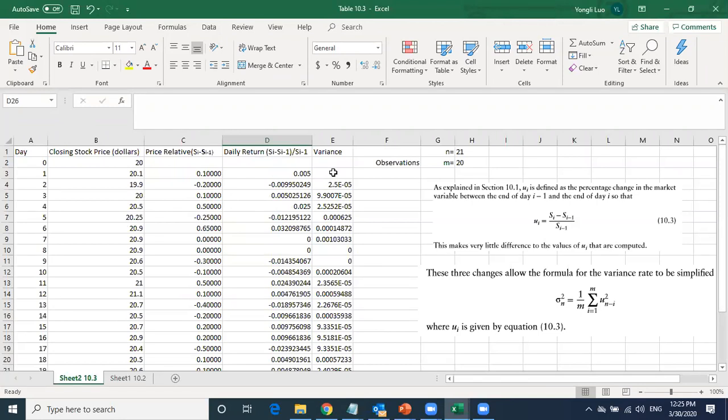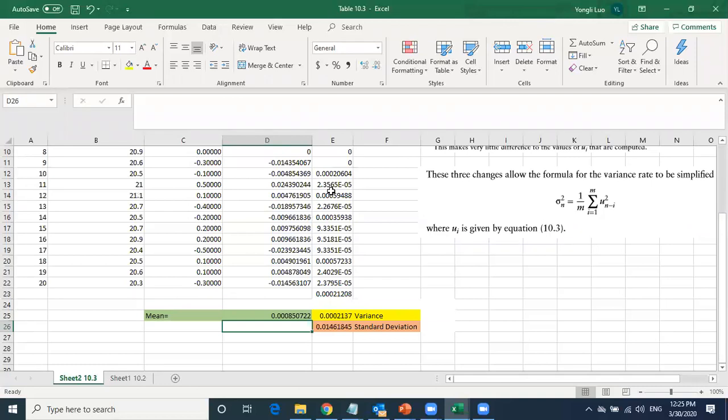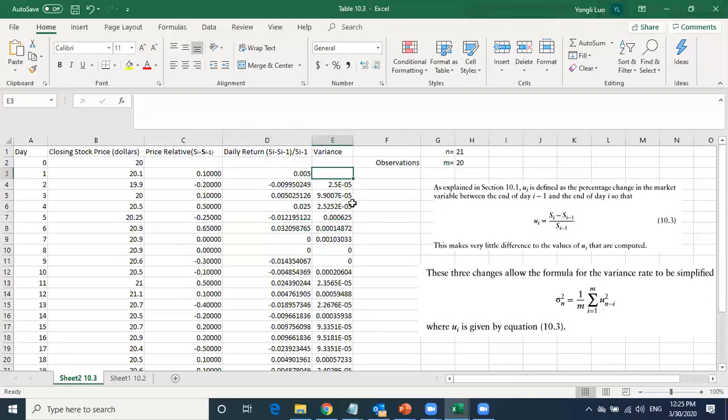How are you going to get the variance? Look at the formula: you sum them all together. You square those, so it equals the daily return squared. The daily return is squared, and you drag all the way down.